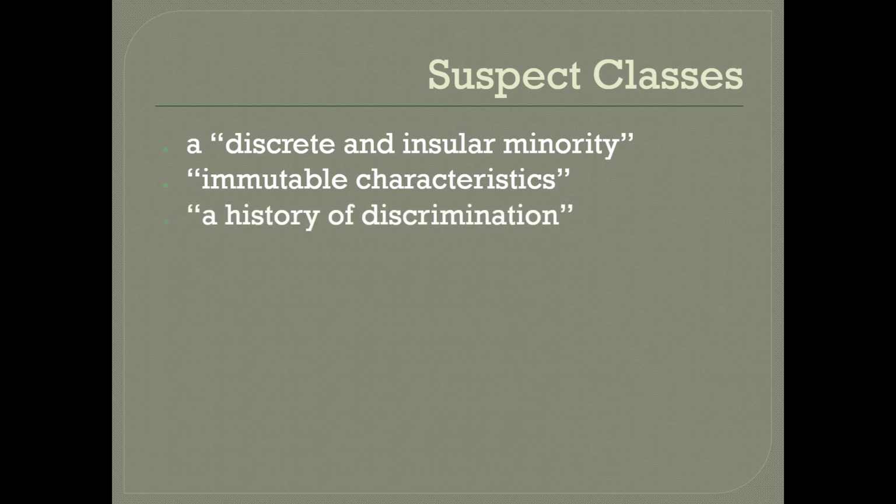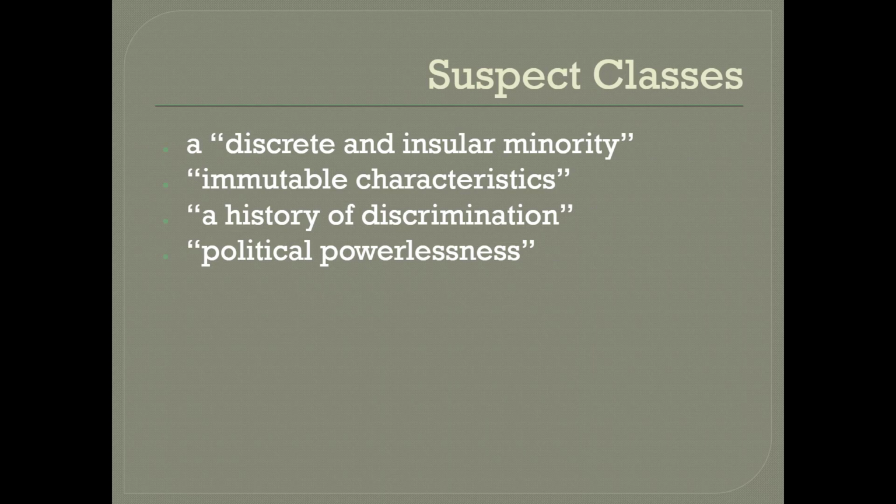A suspect class also must suffer a history of discrimination. So one group that might not fit is, maybe, rich people. They're not immutable, and they certainly don't have a history of discrimination. And then finally, the courts have said that a suspect class must have had a history of political powerlessness.